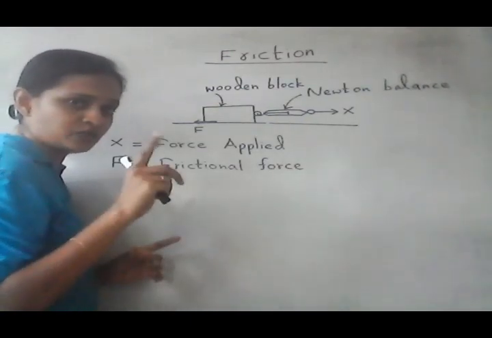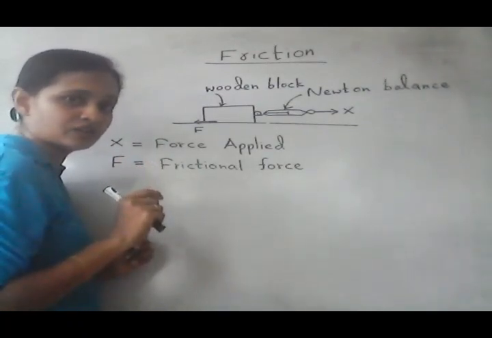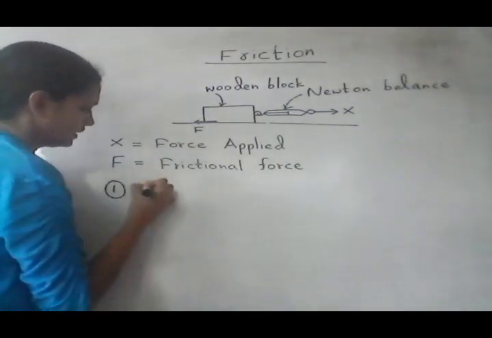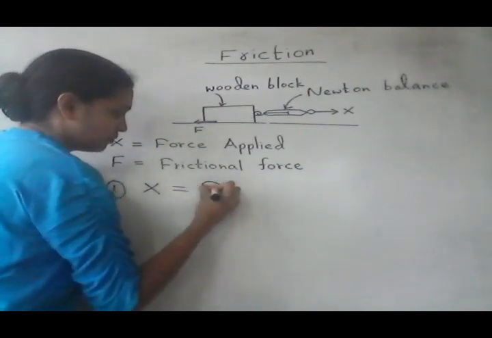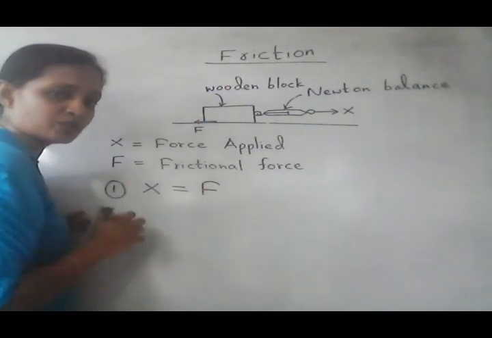If it is not moving, there is no unbalanced force acting on the wooden block. Therefore, I can say the force applied is equal to the opposing force or the frictional force. Therefore, there is no motion.